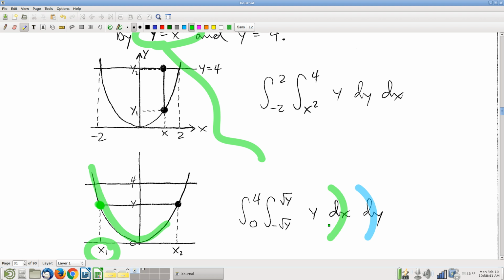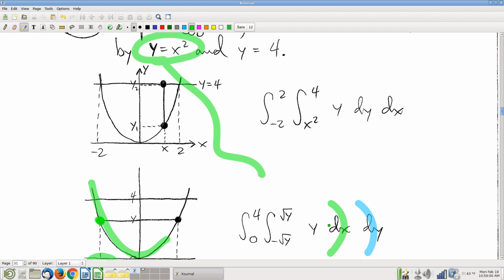Because I did my y slicing first, y is fixed, y goes from 0 to 4, and it's for a given value of y that I'm now interested in an integral going that way. X is my variable. I need to know the range of values of x. So in that algebra up here, I actually need to solve for x. You can see, by the way, it's an analogous argument to get the upper bound.